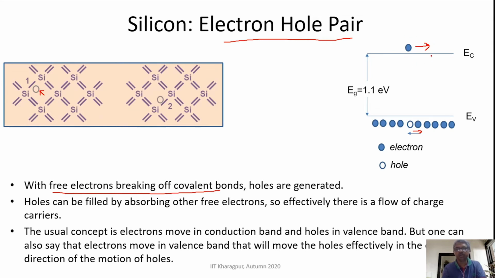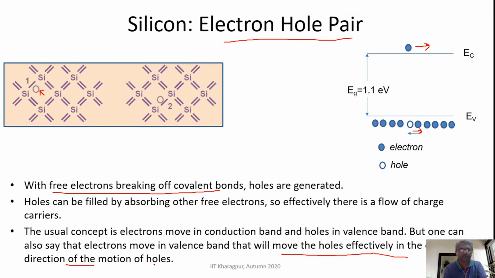So electrons in the conduction band are free to move, and holes in the valence band are free to move. So the motion of holes is effectively in the opposite direction to the motion of electrons.